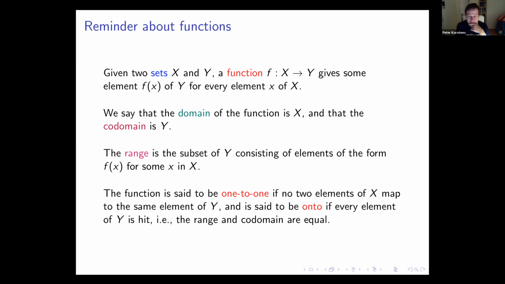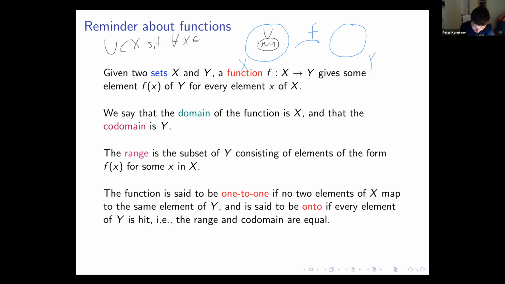Sounds good. In this case, maybe I can give you a little bit more. If this is X and Y, and there's a function f, then as we said before, say there's a subset U of X such that for every x inside U, f of x is equal to 0.